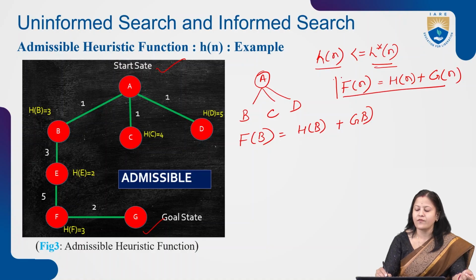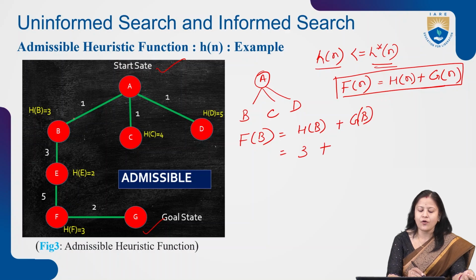So every time we will use this formula to find out the cost of a node. So f of B is equal to h of B plus g of B. So what is h of B? It is given as 3 plus g of B, this distance. g means from the starting node to the current node, which is given as 1, that is equal to 4.